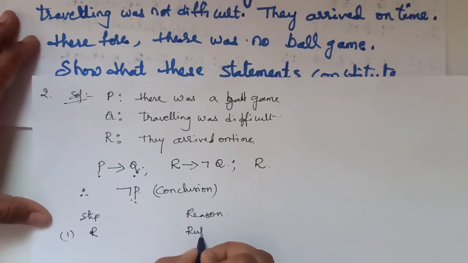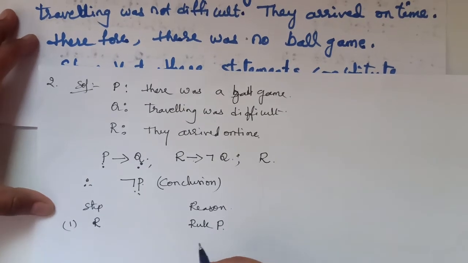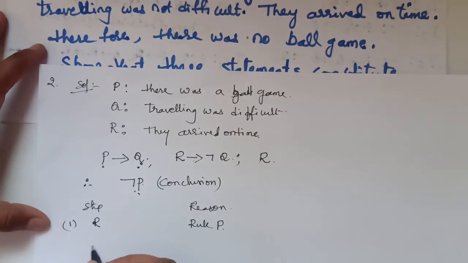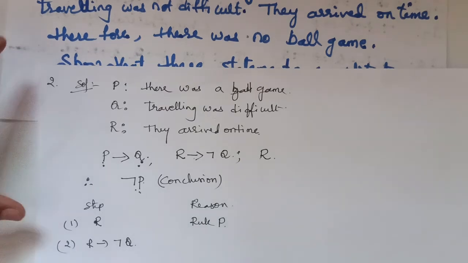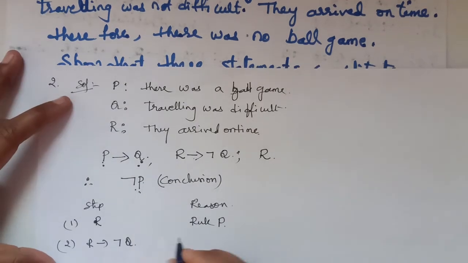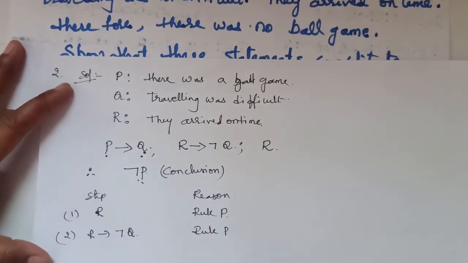So rule P: if you introduce any one of the premises in a derivation, that is rule P. Next, the second one, R conditional negation Q. Again I have introduced the second premise, that is rule P.